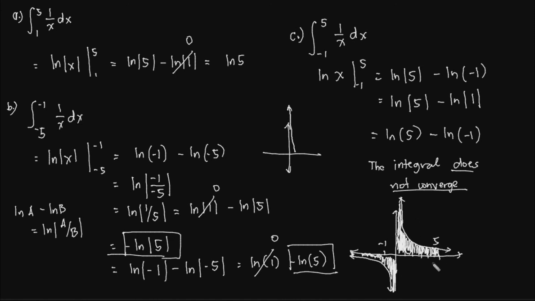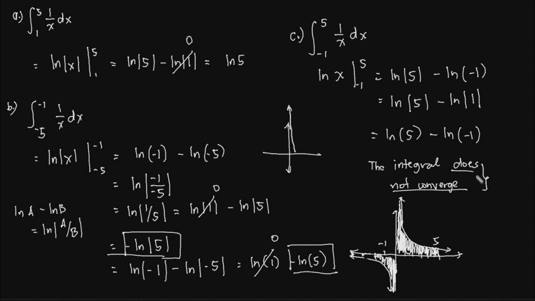So, basically, the area does not converge, or we could just say that the area is infinitely positive on the right side, and infinitely negative on the left side. But of course, we cannot say for sure whether this is more on the positive infinity or more on the negative infinity, simply because our graph does not converge on both sides.